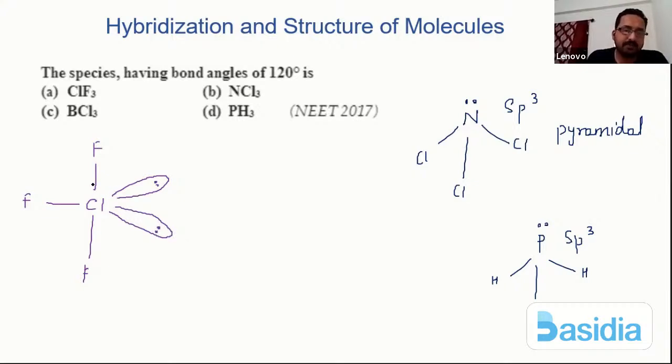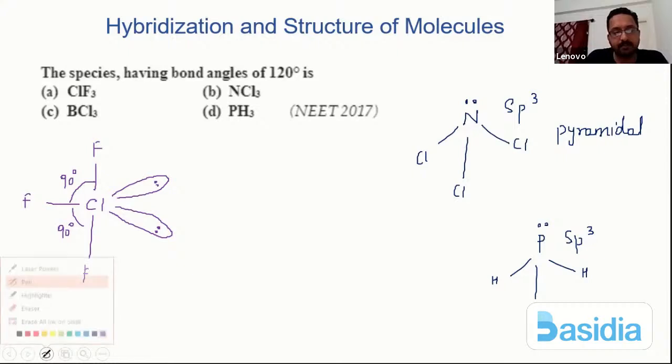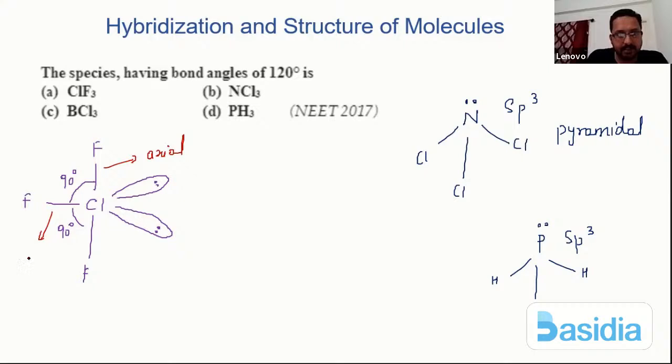Okay. So what do I find here? Between the atoms, the bond angle is 90 degrees, correct? Here also you will find a 90-degree bond angle, because you have to imagine the structure in 3 dimensions. Here you will find that these guys are your axial bonds, and here you will find this guy is what?